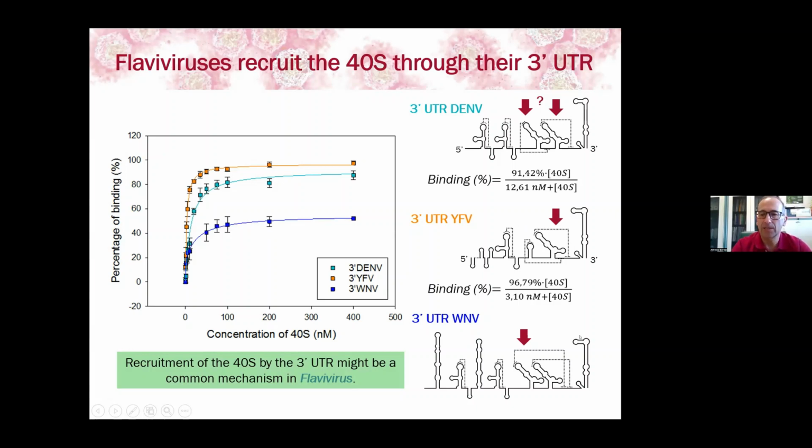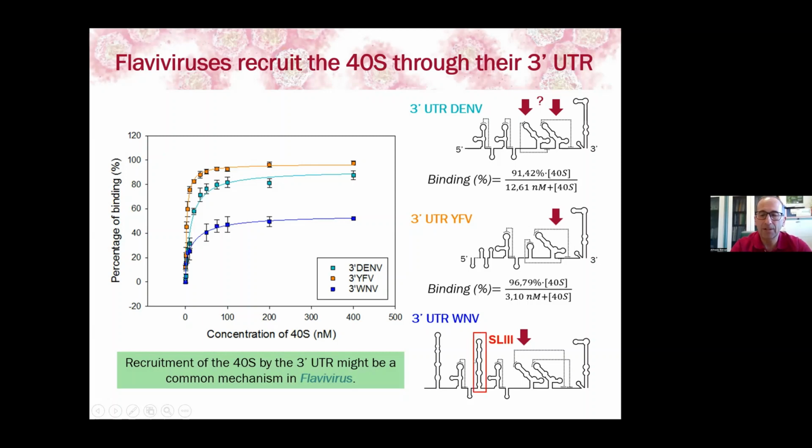The three of them contain this 3' SL structural element, and also at least one of these double structural units that we postulate could be the potential binding site of the ribosome in these other flaviviruses.